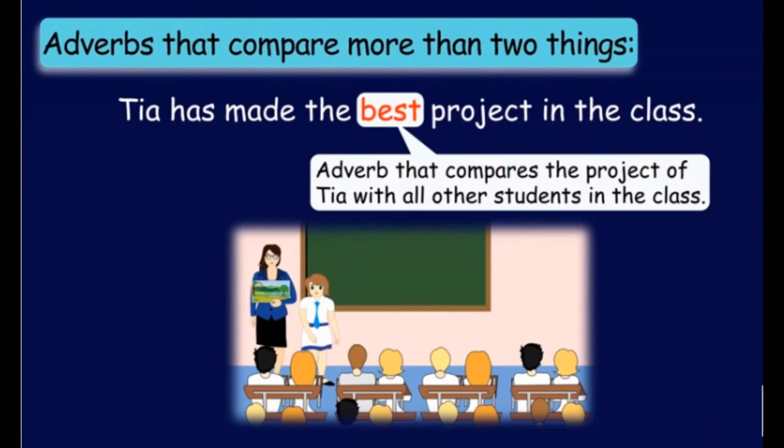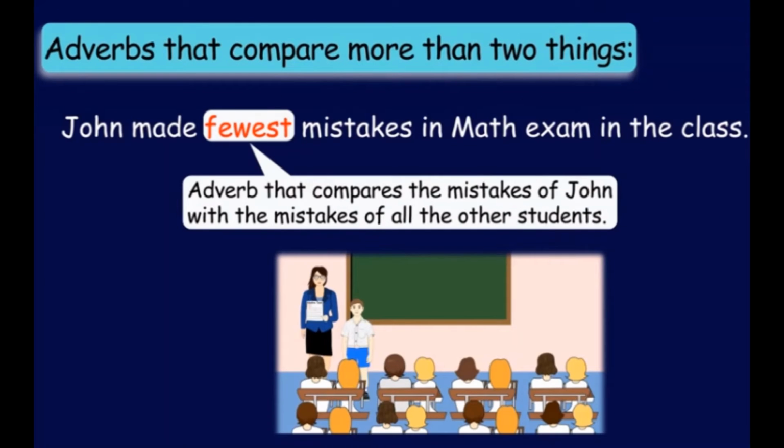When we are comparing more than two things, that means there is a comparison between lots of people, then the superlative degree which we use is best. So you remember we did in class 4: good, better, best, like that.